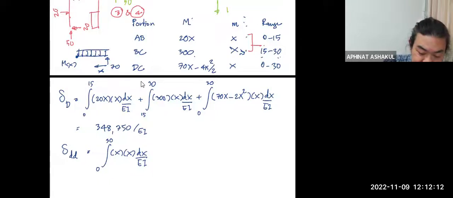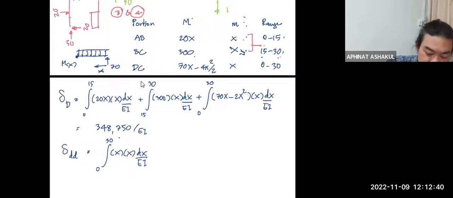Because it's the same equation, I can add the range. They have the same equation, so I can just use that little law of calculus. You can add the boundary and form 0 to 30 instead. Instead of doing 0 to 15 plus 15 to 30, you can use the 0 to 30 boundary.